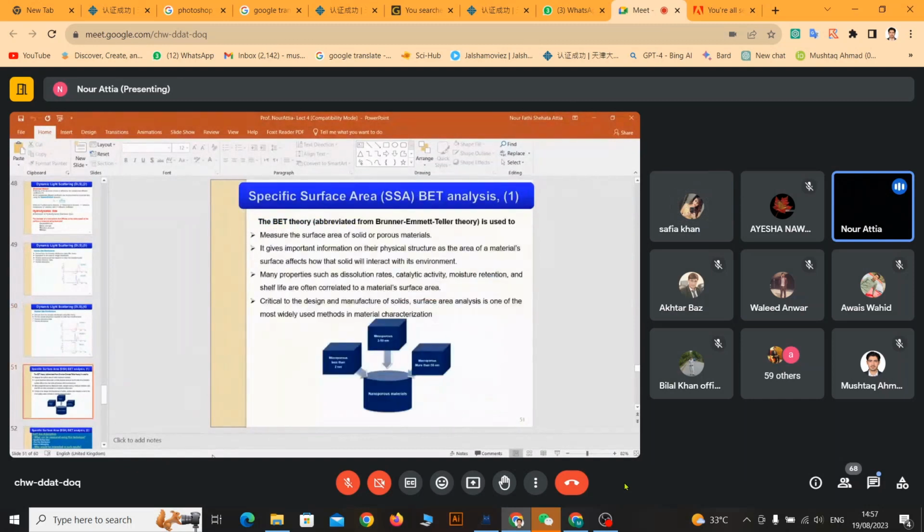Okay. So the last tool is the specific surface area. For the nanoporous material, if anybody doesn't know, there are categories based on the pore size, the nanopore diameter.